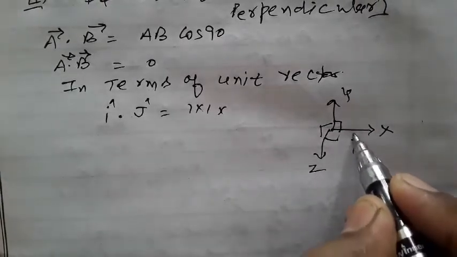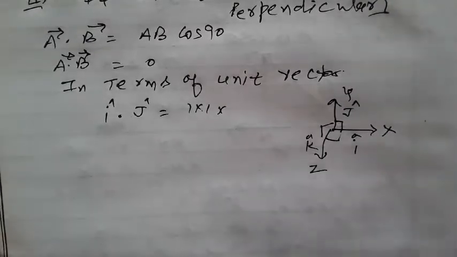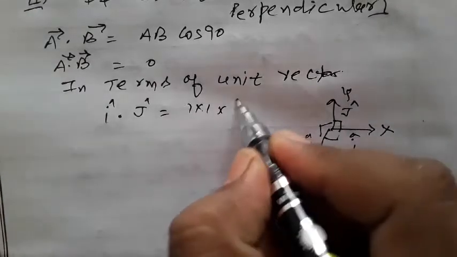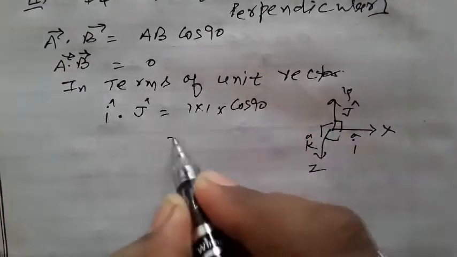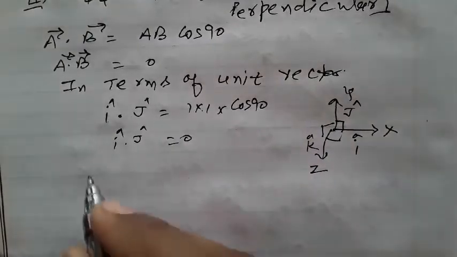Along the x-axis is i cap, along the y-axis is j cap, along the z-axis is k cap. So i dot j is 1 into 1 into cos 90, cos 90 is 0. i cap dot j cap is equal to 0.